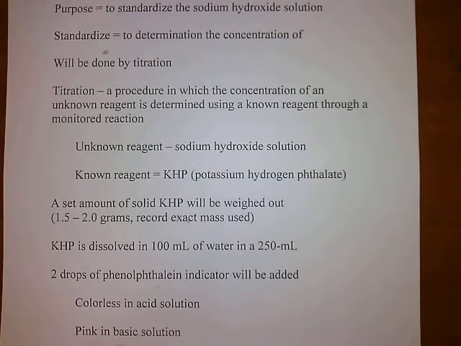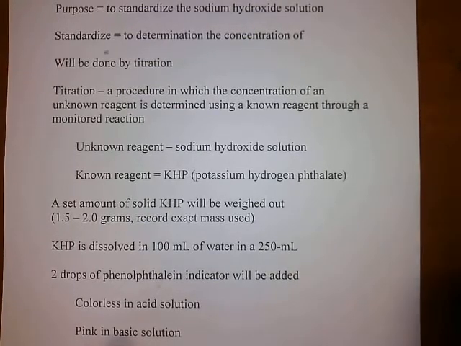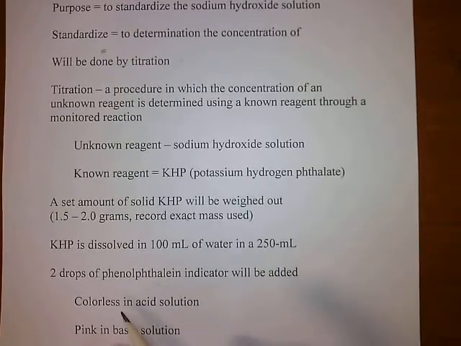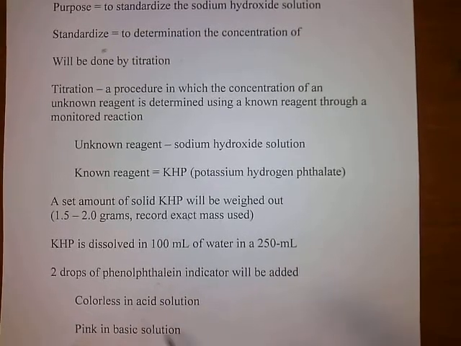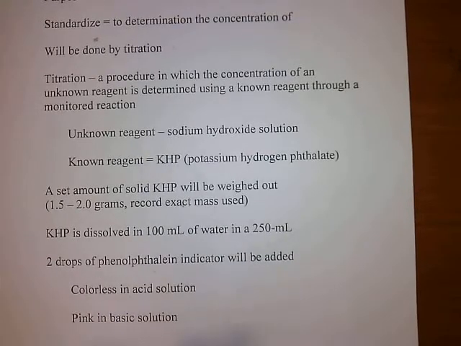Okay, so what's the purpose of this indicator? It's an acid-base indicator. It changes color depending upon whether the solution is acidic or basic. Phenolphthalein is colorless in acid solution and pink in basic solution. Well, I'll talk more about that in a minute.